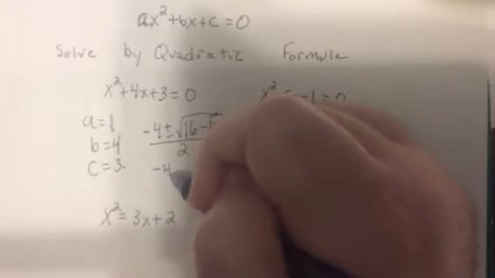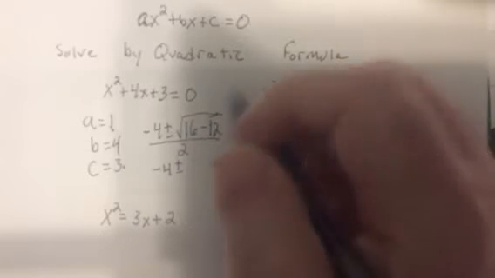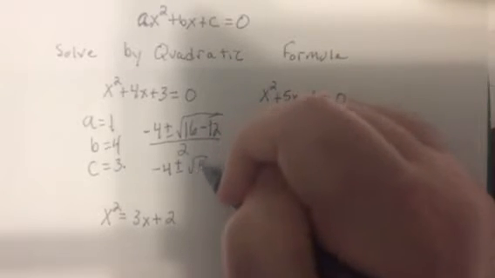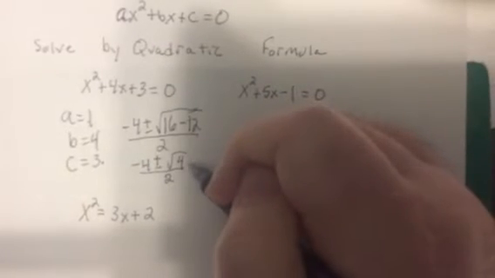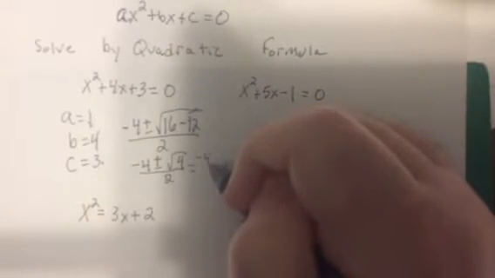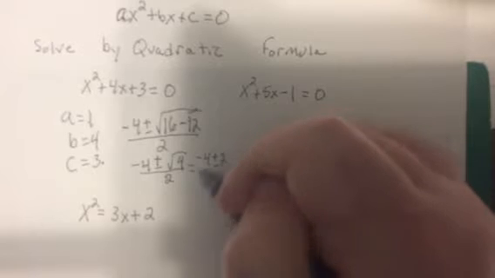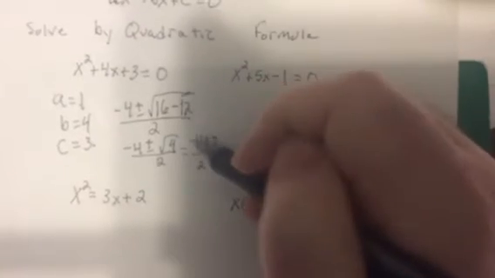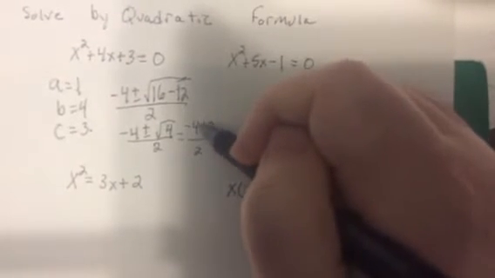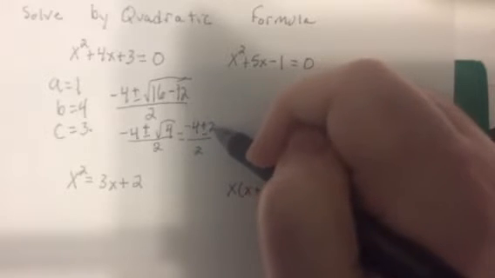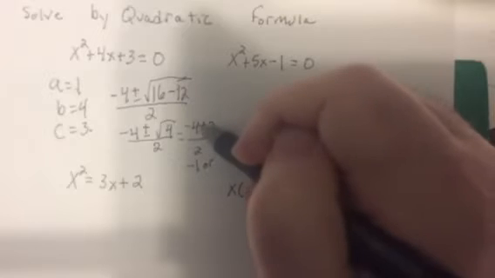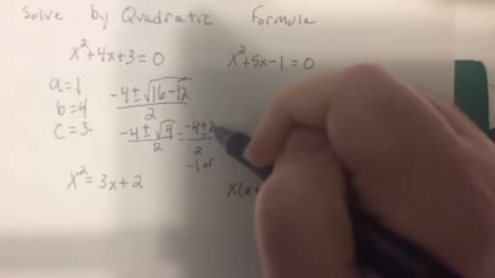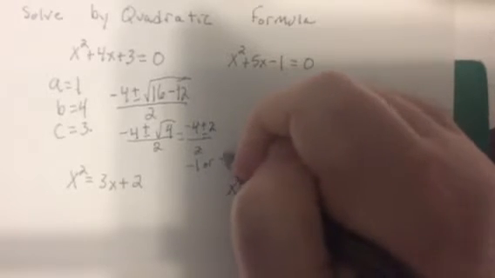So negative 4 plus or minus the square root of 4 over 2. So square root of 4 is 2, negative 4 plus or minus 2 over 2. Now, everything's divisible by 2, so negative 4 plus 2 is negative 2 divided by 2 is negative 1, or negative 4 minus 2 is negative 6 divided by 2 is negative 3.